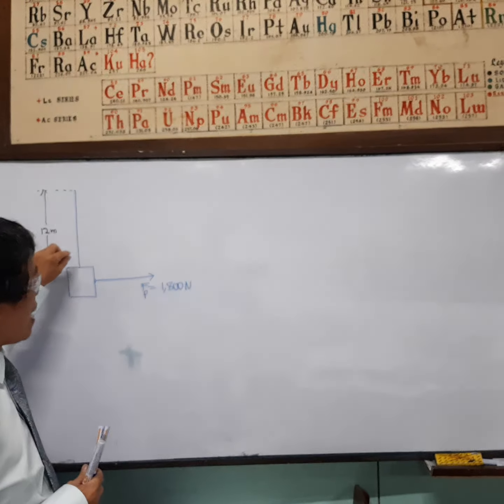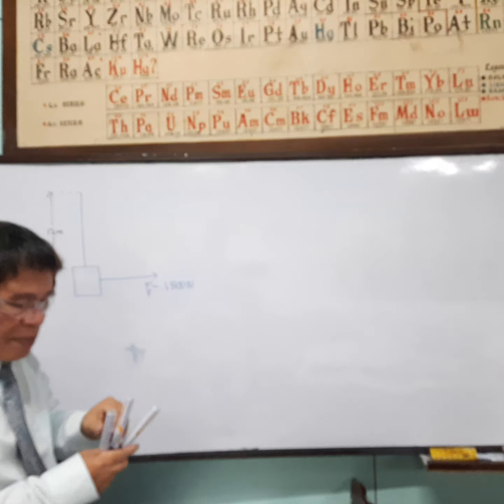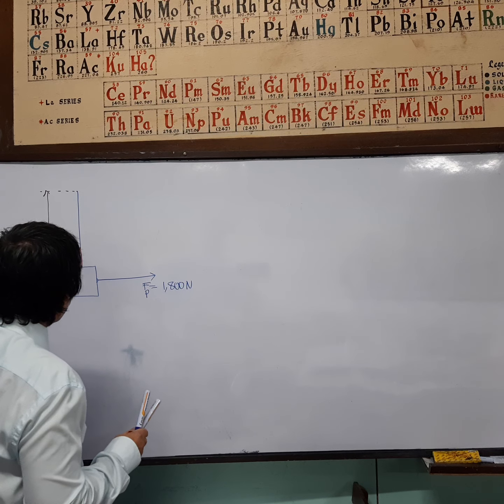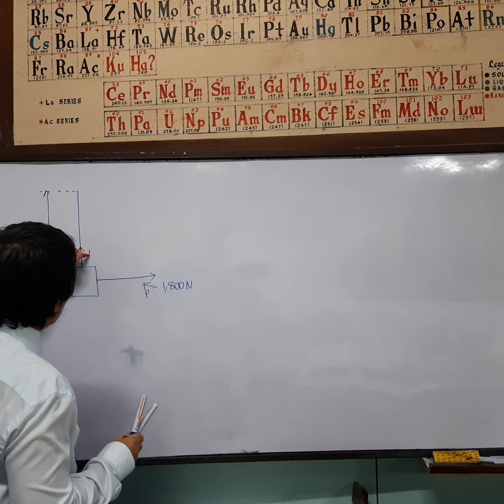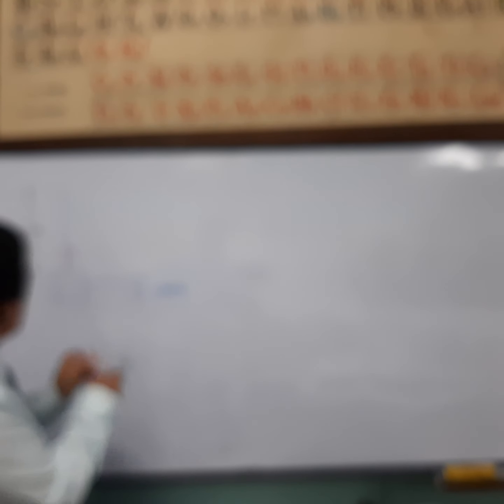There's a force being acted on by the cable, and that force, we call that force the tension. There is this tension, and there is this force, F sub P.